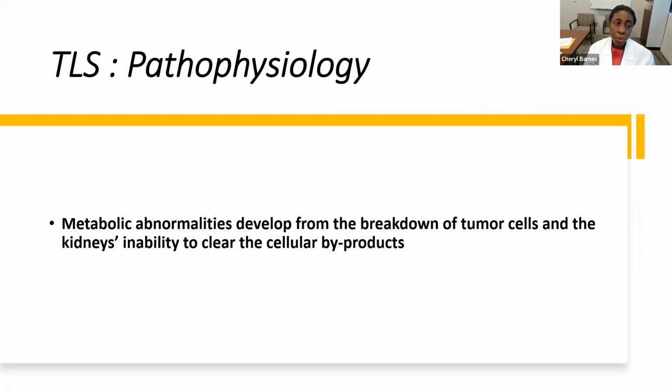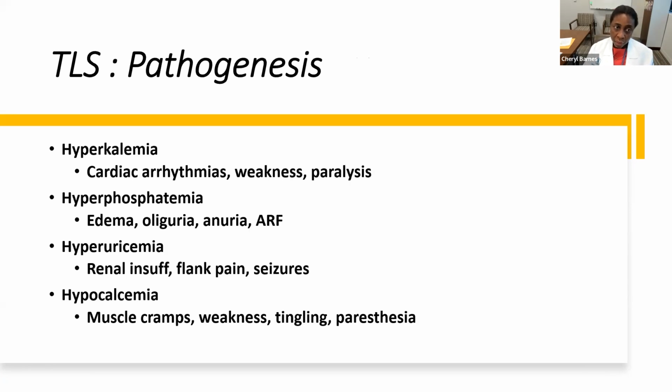You end up with metabolic abnormalities that develop from the breakdown of the tumor cell and the kidneys' inability to clear the cellular byproducts. So you have this rapid breakdown of cells, and then the kidneys are not able to excrete it. That's when you get the buildup, and that's when the problem really becomes a problem.